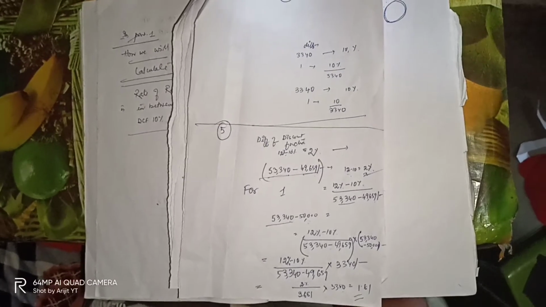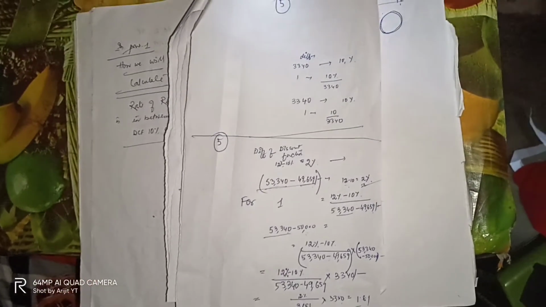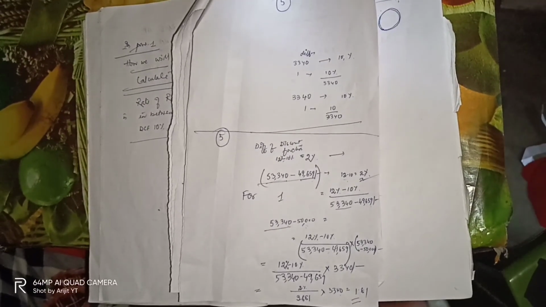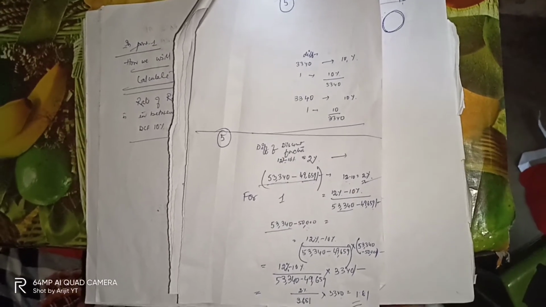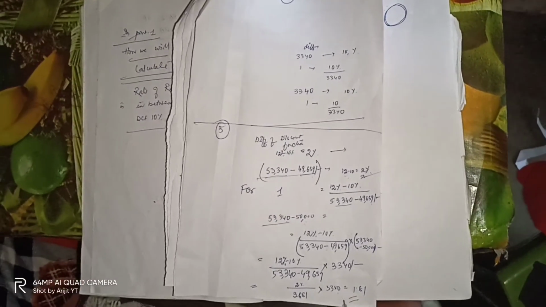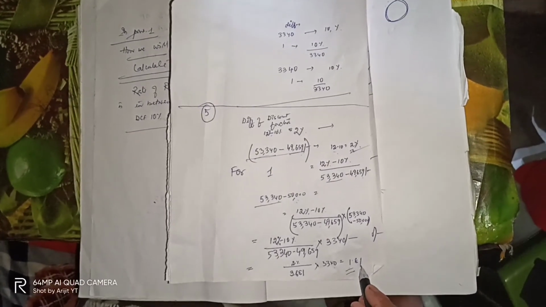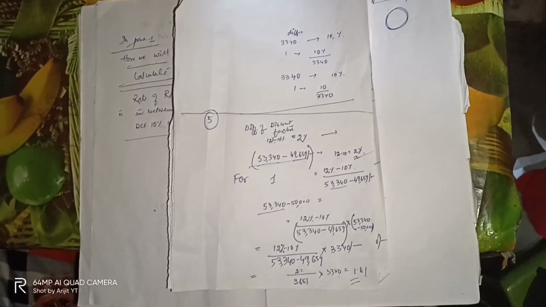So for the figure of 50,000, which is equal to the present investment in terms of discounted cash flow factor, we will get this as 1.81. So this is the extra amount over 50,000.